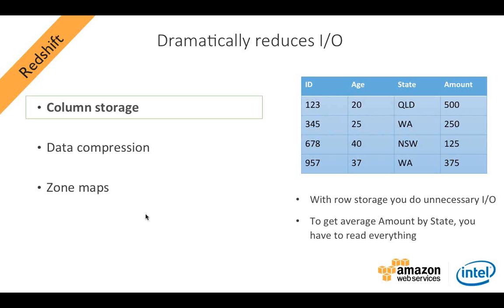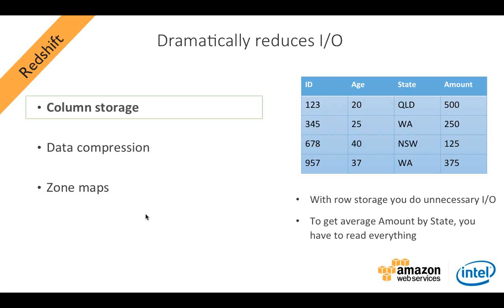However, when you're asking questions of your data, you typically don't want to look at every column in your table. You only want to look at a few columns, but possibly quite a lot of rows, because you're looking for aggregations, averages, functions, analysis essentially. So with a row-based system, you're going to be doing a lot of unnecessary I/O on the disk because you're going to be looking at columns that you don't really care about.